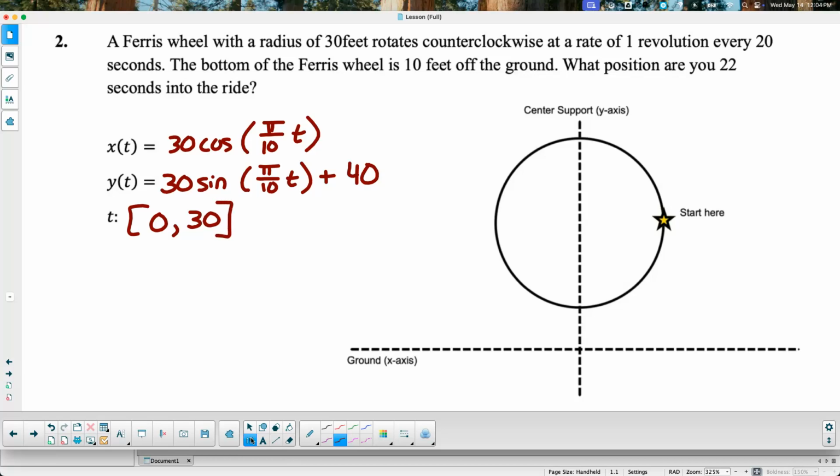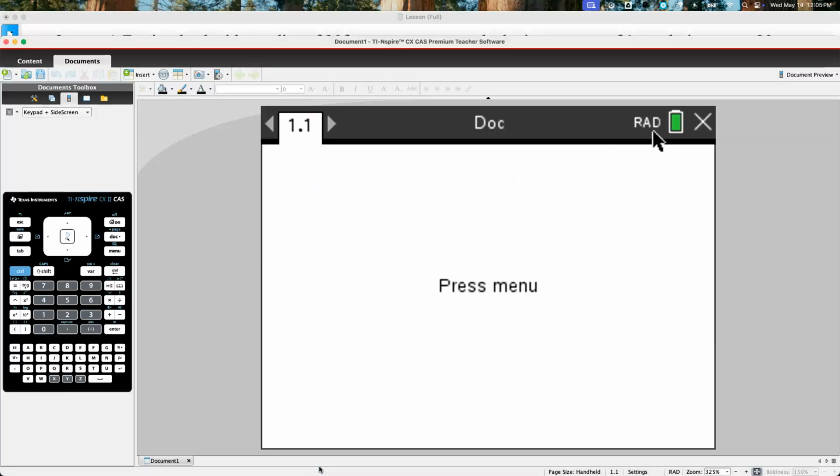Okay. So please, at this point in time, graph that parametrically. You should have that written down in your notes so that we can graph this parametrically at the same time.